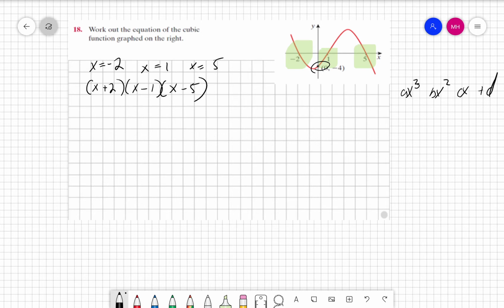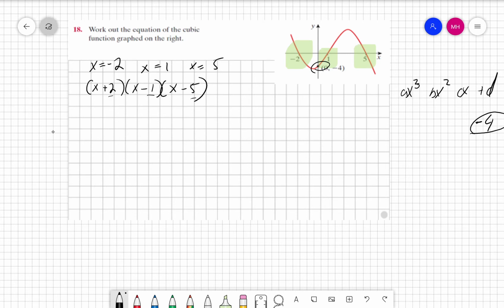And that d has to be minus 4, right? However, if you were to multiply 2 by minus 1 by minus 5, you end up with plus 10. So that would be your d. d is equal to plus 10. And those two numbers, 10 and minus 4, are not the same.